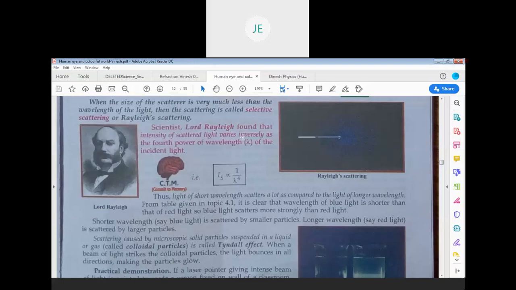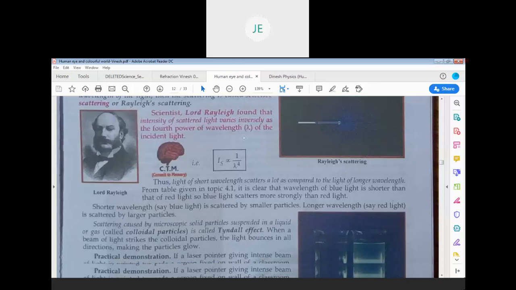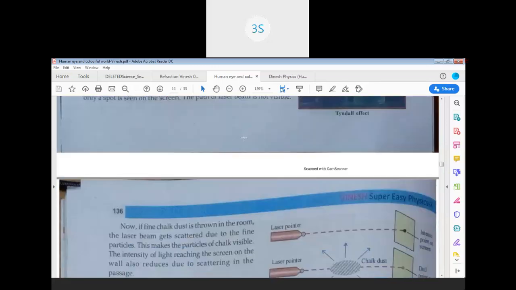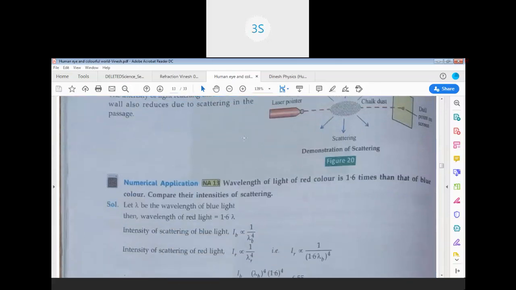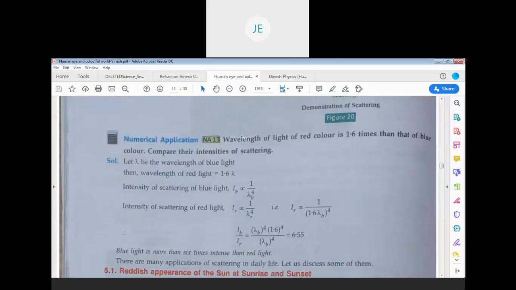Yes, this one will not be there. Sir, when will you take the test for physics? Test. Yes, sir, many questions we are solving.